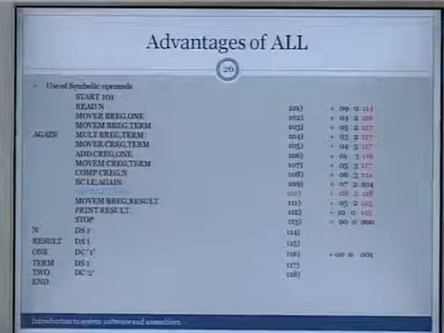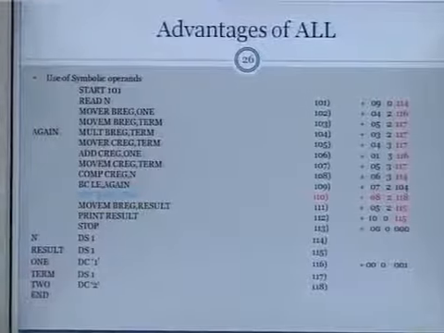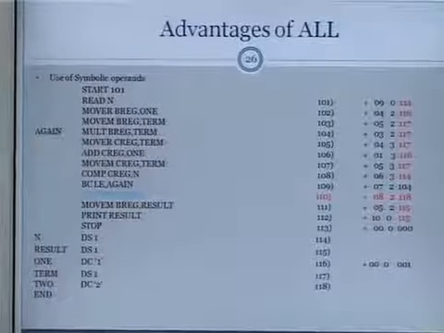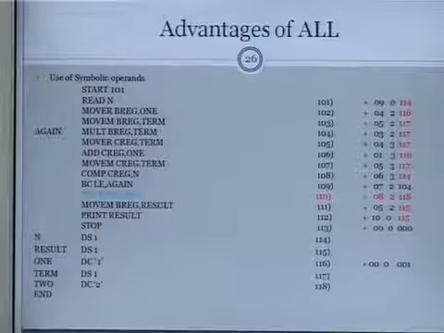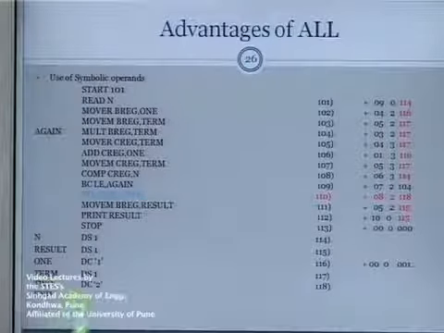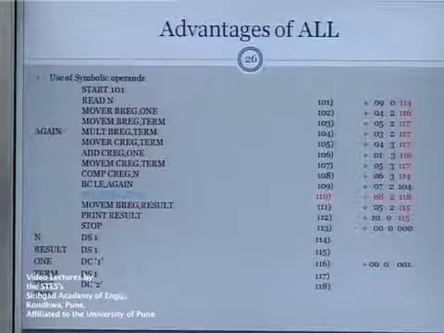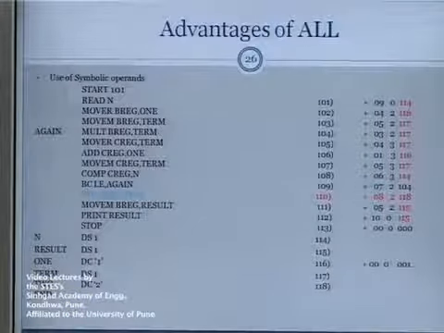Okay, so this basically mentions what the advantage of an assembly level language program is. The biggest advantage is the use of symbolic operands instead of numbers, instead of remembering binary numbers in the form of zeros and ones. This is the same program as before, where we calculated n factorial, and here we are calculating n factorial by 2. That is, we are dividing whatever factorial we have obtained of a number by 2.